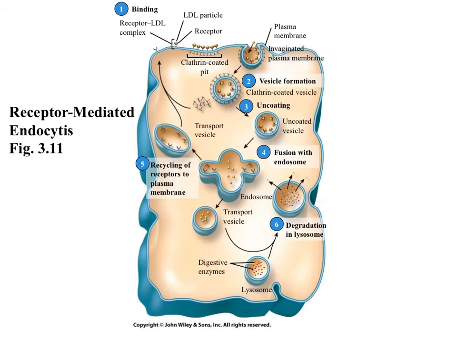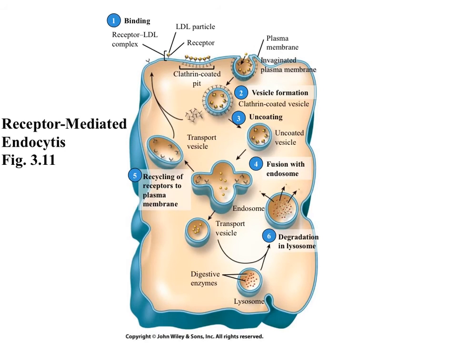So let's take a look at some of these pictures that I'm going to show you here. First, we'll take a look at the last one I just mentioned, receptor-mediated endocytosis. So in receptor-mediated endocytosis, we can see here that what we have up here are receptors. So this little thing that they've drawn up here by itself is a receptor.